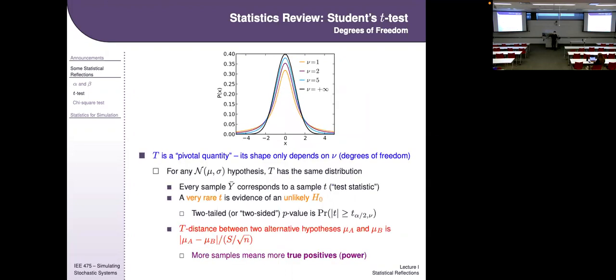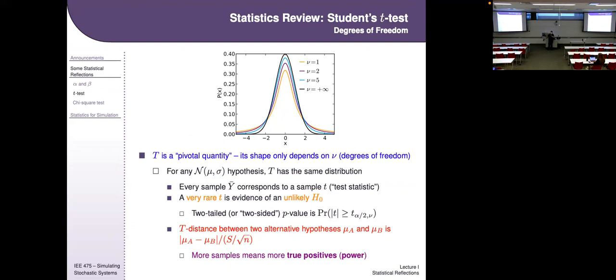So that's where the t-test comes from. We call t a pivotal quantity. Its shape only depends on the number of samples, the degrees of freedom. And so for any normally distributed hypothesis, t has the same distribution. That's what allows us to calculate a t statistic and set a threshold, regardless of what our hypothesis is.